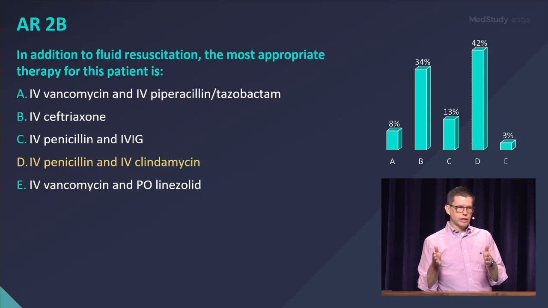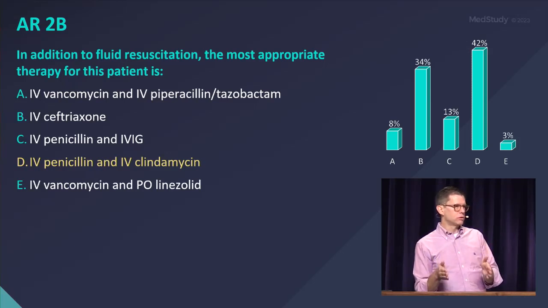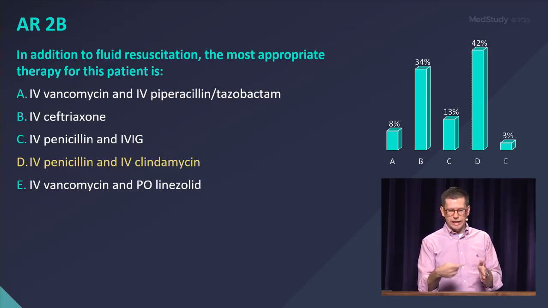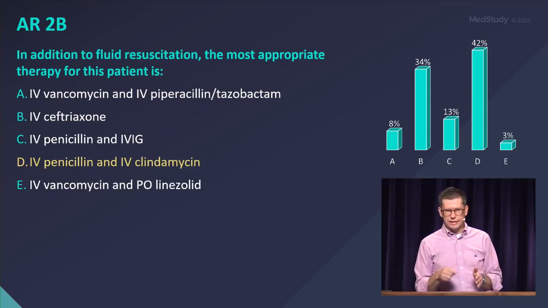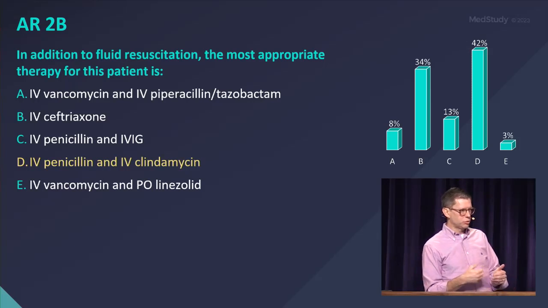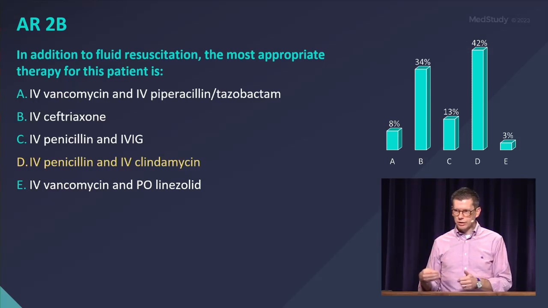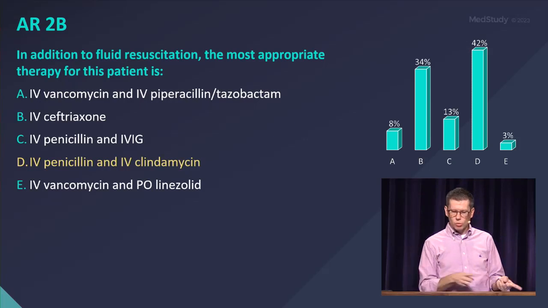The other thing is ceftriaxone isn't ideal for toxic shock syndrome because in this answer choice, you're not given clindamycin. And clindamycin is good because it has a toxin-mediated effect against toxic shock syndrome. So you always want to give clindamycin when you have toxic shock syndrome, whether it's due to group A strep or Staph aureus.